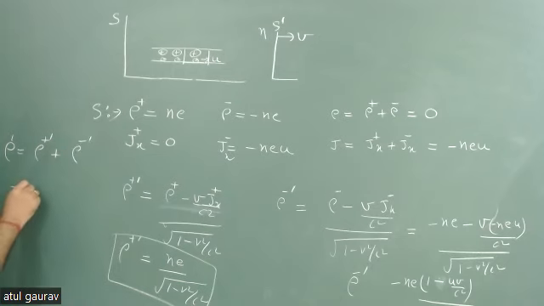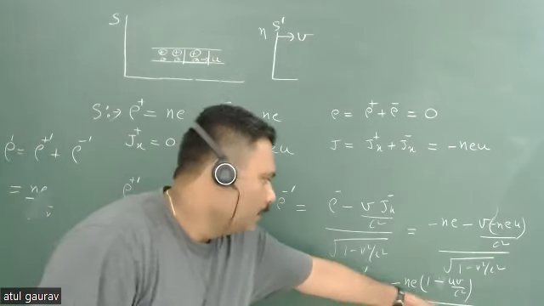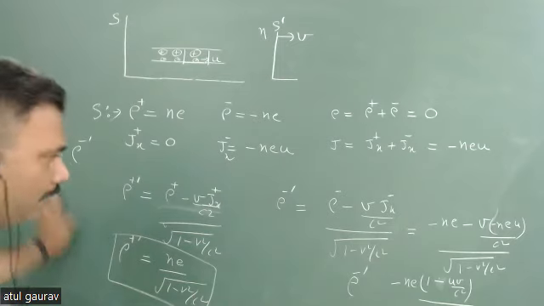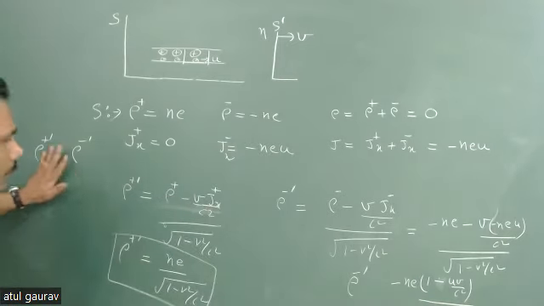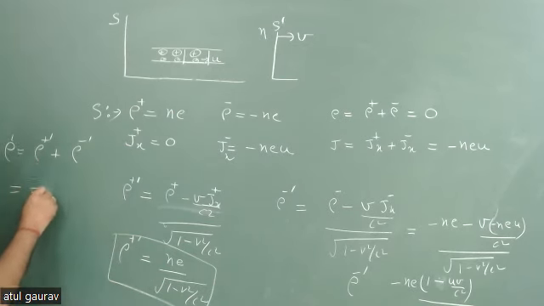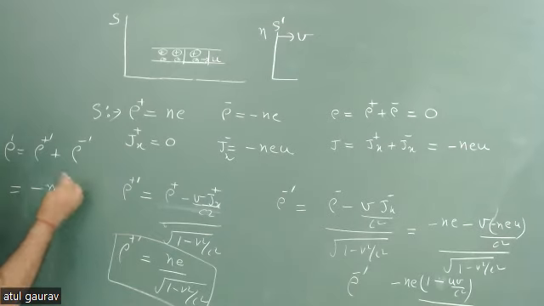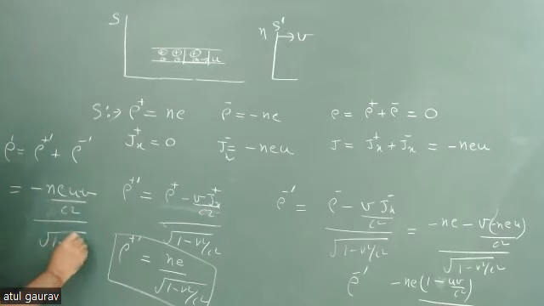So this component is going to cancel out, and what will you get? Minus nuv, or e is also there, so ne uv upon c square root under 1 minus v square upon c square.